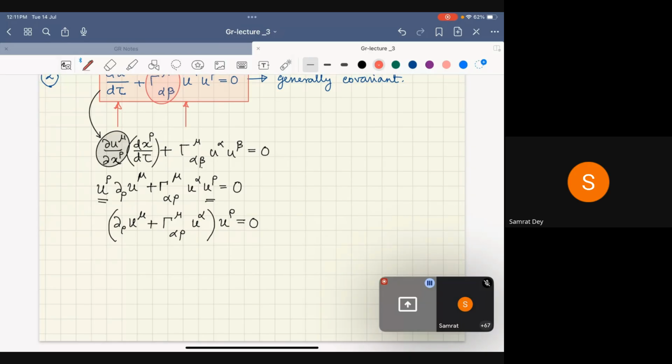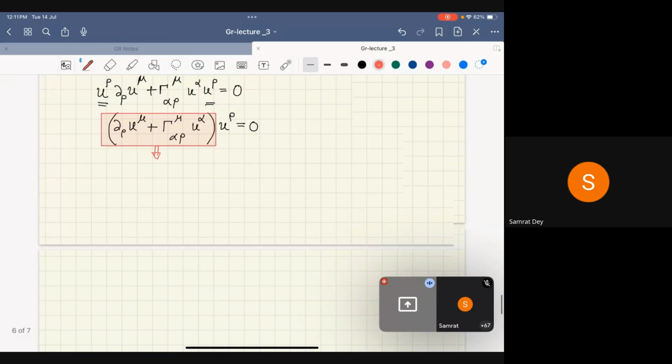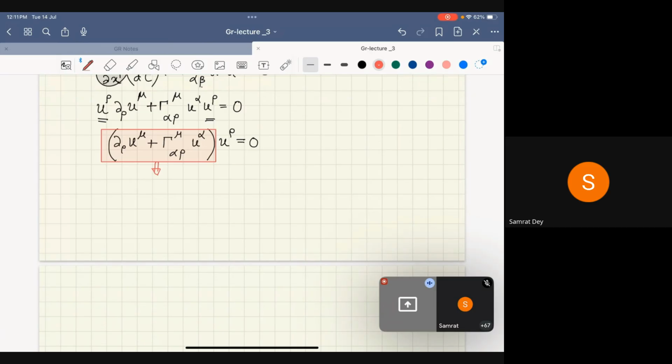But I am sure that by now all of you have identified this object. What is this object? Any of you want to respond? This object that I have put inside a rectangular area. Anyone willing to comment?